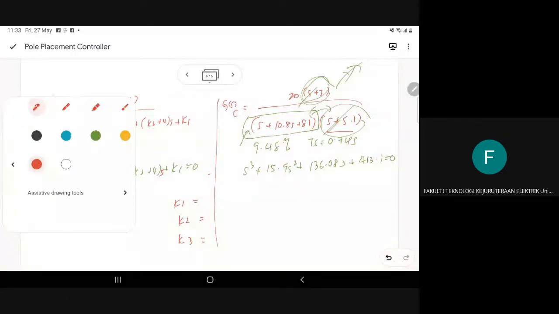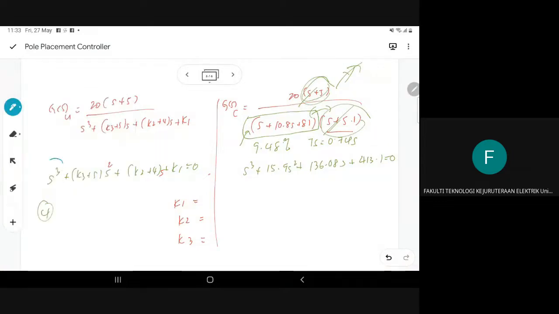We can compare because this is a third order system. This is S power of 2, S power of 1, and this is S power of 0. So what is our K1 value? 413.1. What is our K2 value?